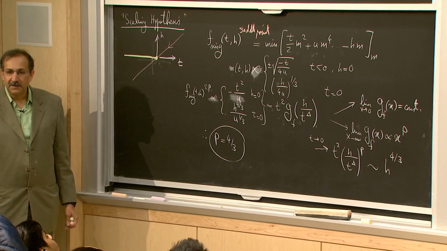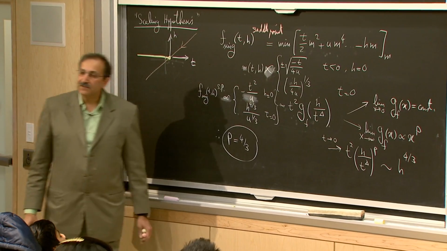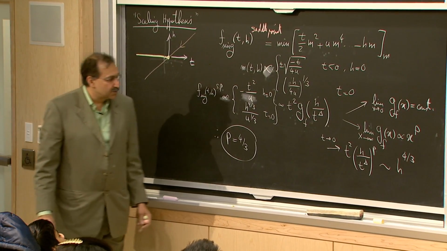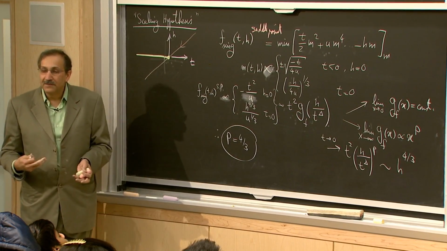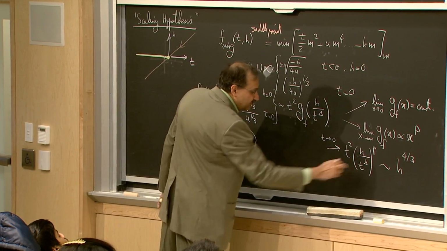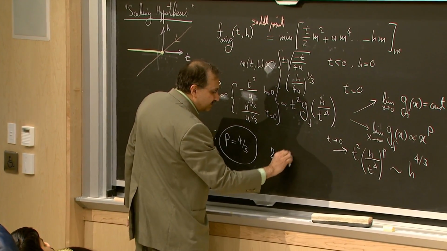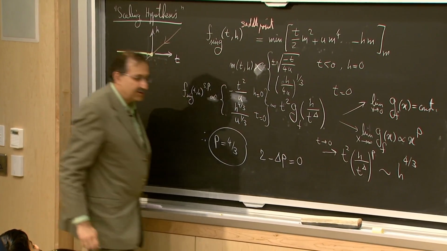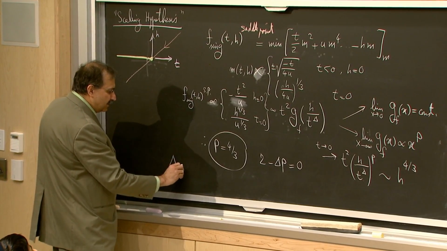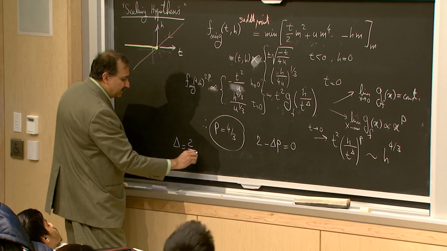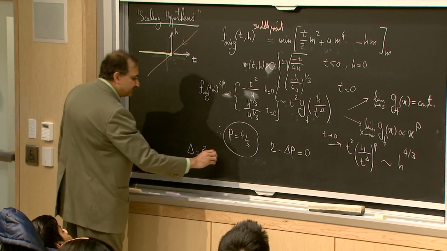But what about this delta? I never told you what delta was. Now I can figure out what delta is because the answer should not depend on t. T has gone to 0. So what power of t do I have? I have 2 minus delta p, which should be 0. So my delta should be 2 over p, 2 over 4/3, so it should be 3/2.